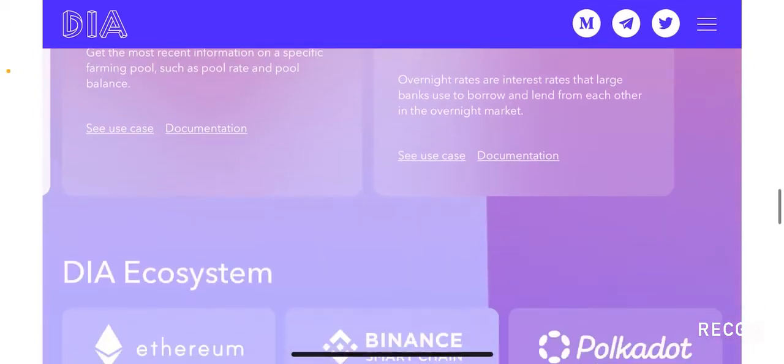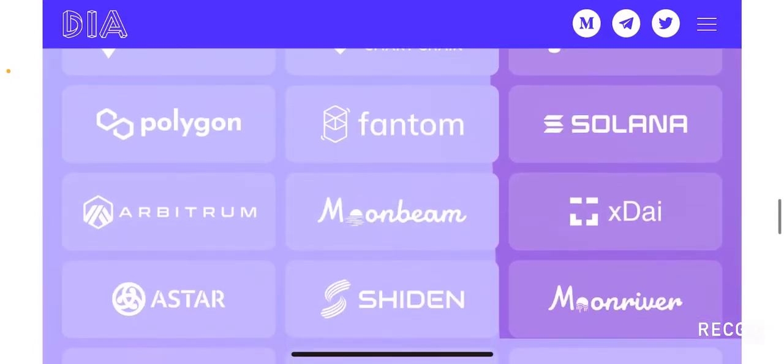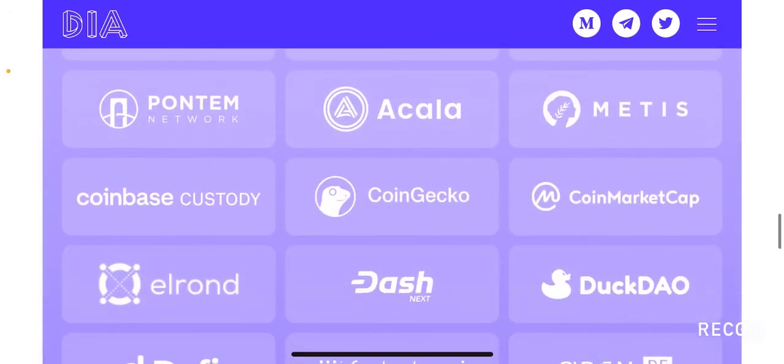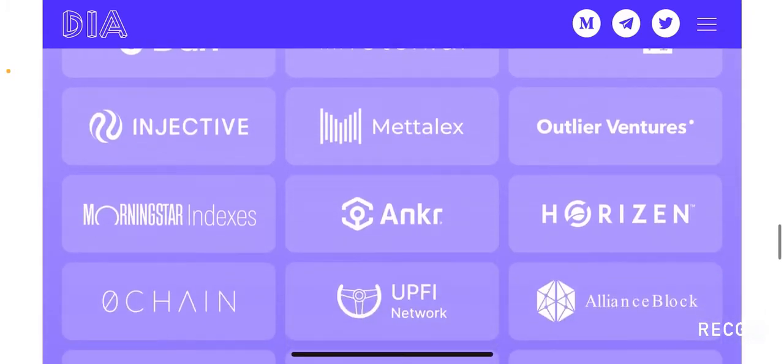The DIA ecosystem obviously consists of the following blockchains and partners, which we already covered. Again, Coinbase Custody has partnered with DIA. I don't know if they were an investor, but that kind of explains why DIA is listed on Coinbase, right? You also have multiple other projects that are partnered with DIA as well.